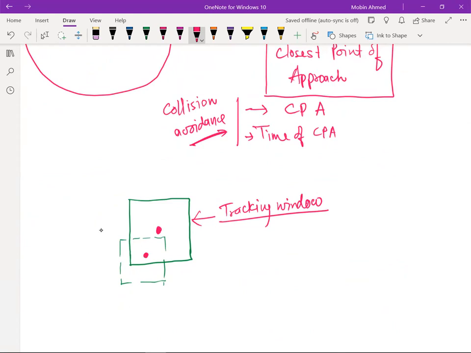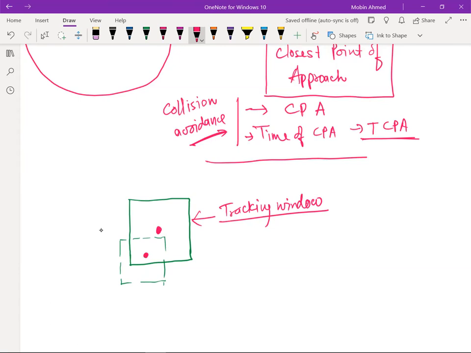Each time the present position of the target comes to the plotter, and the plotter gives the CPA and the TCPA, time of CPA.